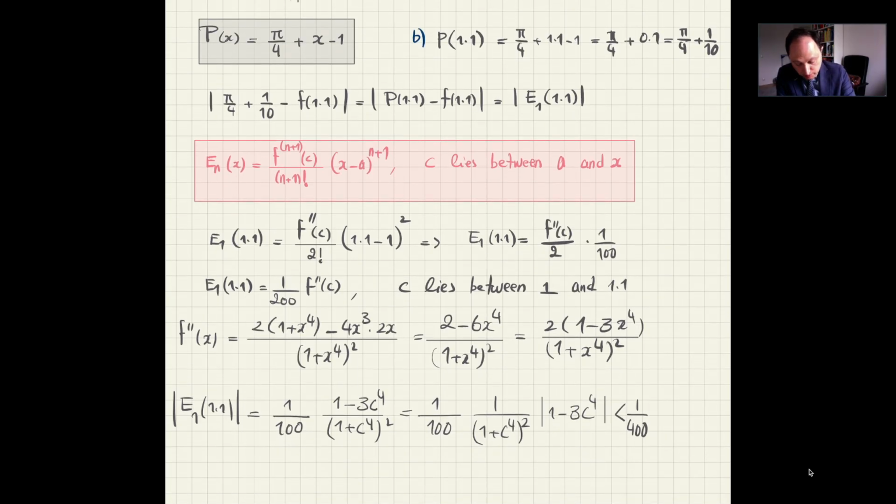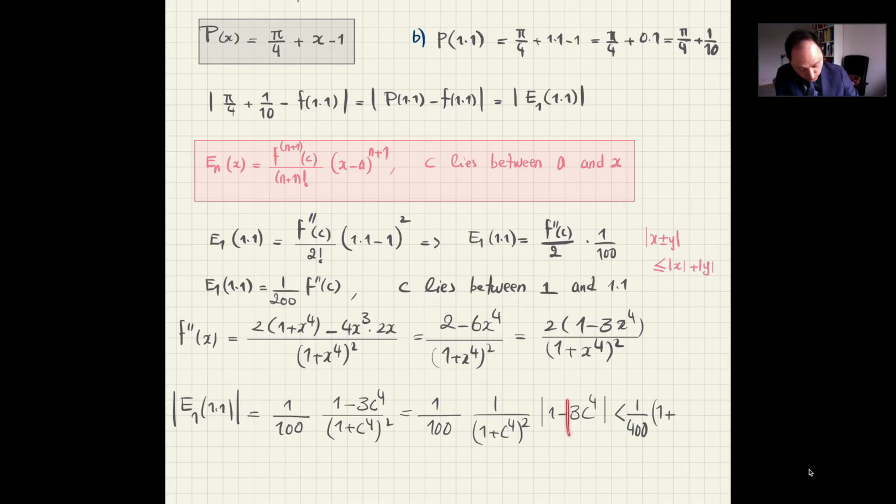And then I hope that you remember this inequality, the triangle inequality for absolute values. If I have the absolute value of x plus or minus y, this is smaller than or equal to the absolute value of the first one plus the absolute value of the second one. The reason that I more or less have to do this is because I have a negative sign here. So this becomes the absolute value of the first one, which is 1, plus the absolute value of the second one.